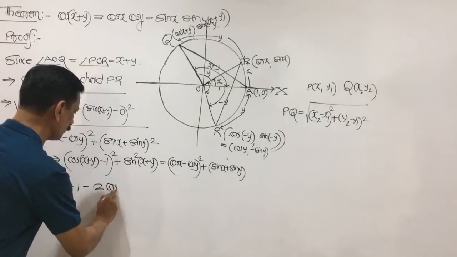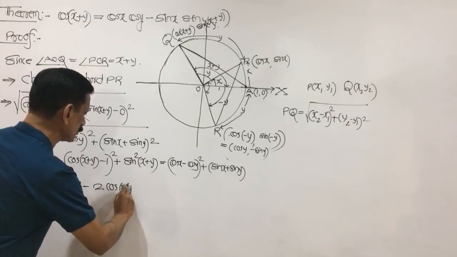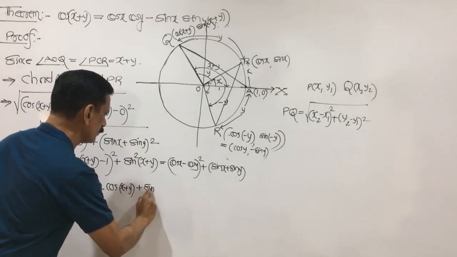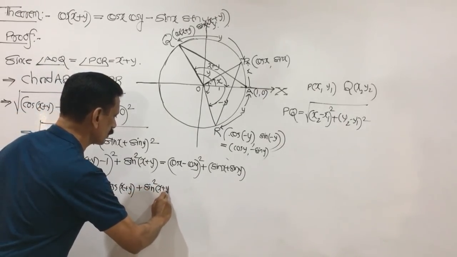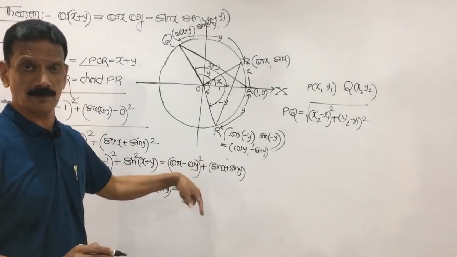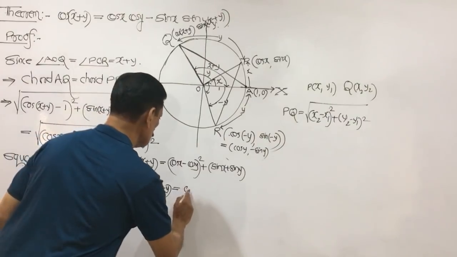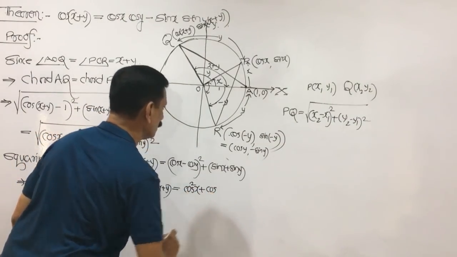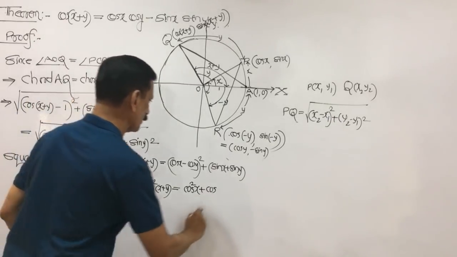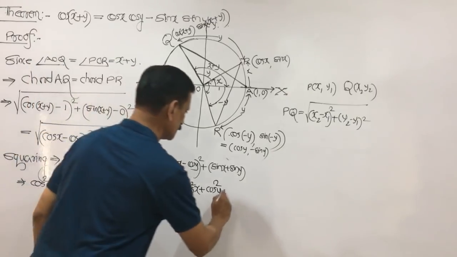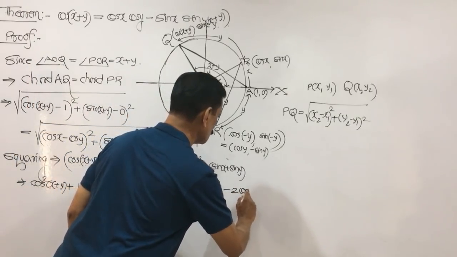What you get? Cos of x plus y, cos of x plus y, plus this term sin square of x plus y, and this equals the square of a minus b whole square, a square plus b square minus 2ab. So this is cos square x plus cos square y, minus 2ab, that is, minus 2 cos x cos y.